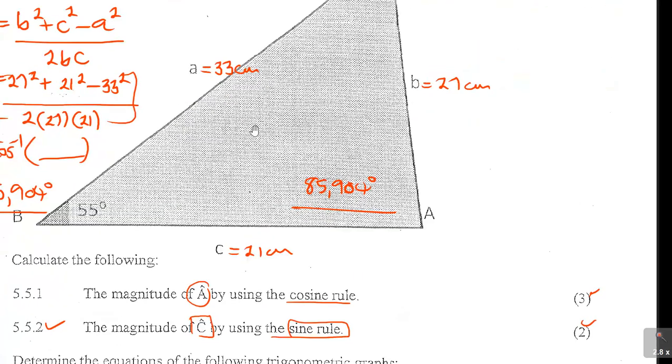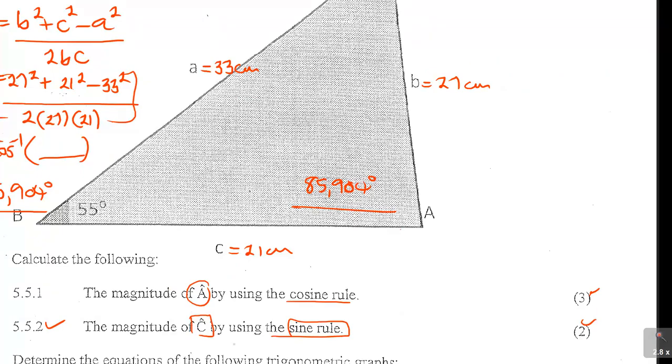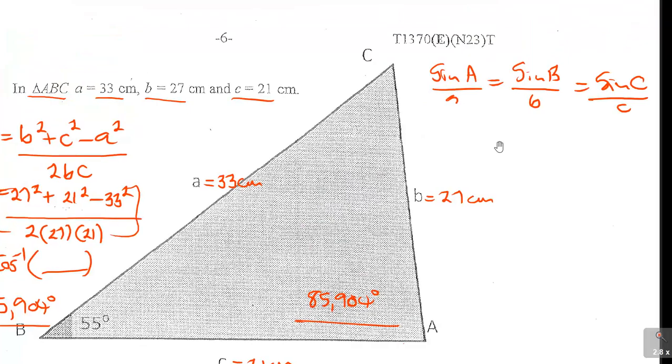But now they are interested in C, so I'm going to focus on my C, which is the last part of it. But I'm given angle B and side B. It's better to use the given angle, it's always wise.